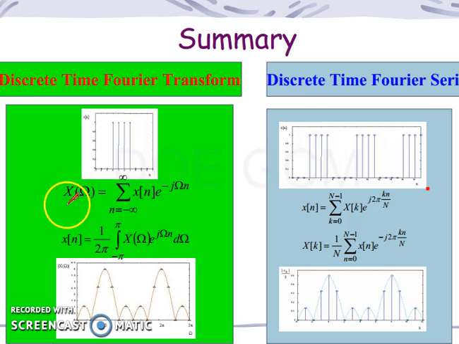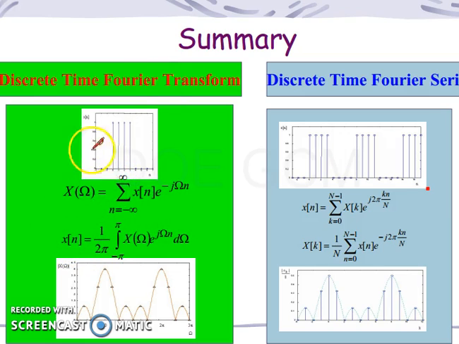The equation for converting the time domain into the Fourier domain is X of omega equal to the summation from n equal to minus infinity to plus infinity of x of n times e raised to minus j omega n.